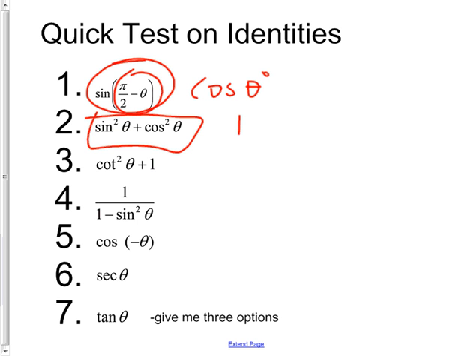The next one, cotangent squared plus 1. That comes from this one: sine squared theta plus cosine squared theta equals 1. And then to get cotangent, I need to divide everything by something. If I divide everything by sine squared, then I'm going to get cotangent.